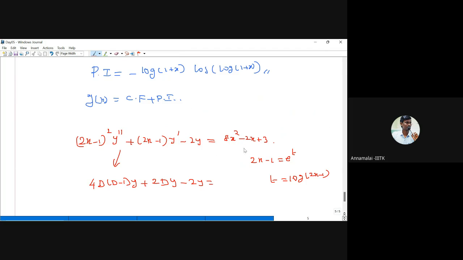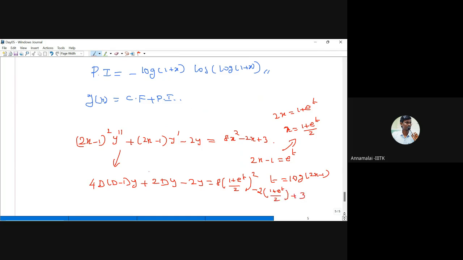So in everything you have to write, from this you have to solve for x. Therefore 2x equal to 1 plus e power t, therefore x equal to (1 plus e power t) by 2. So if you take x square, then we get 8 times ((1 plus e power t) by 2) whole square minus 2 times (1 plus e power t) by 2 plus 3.